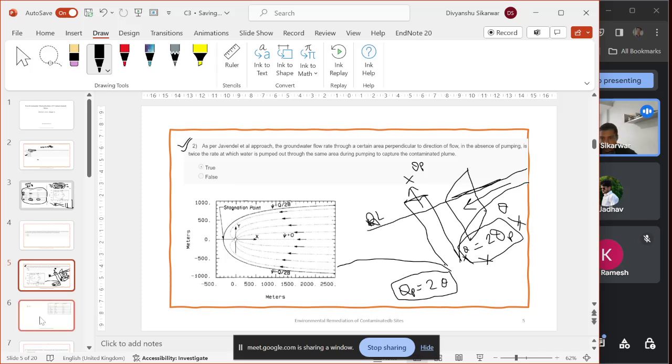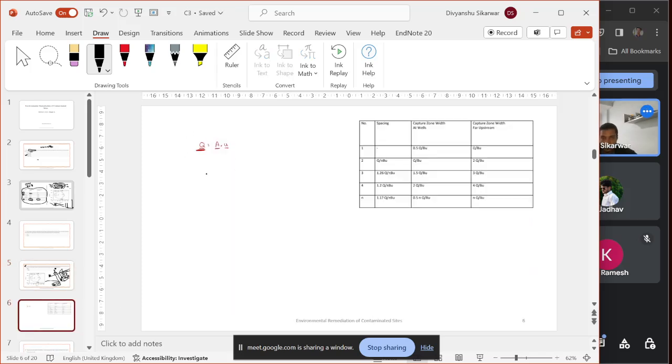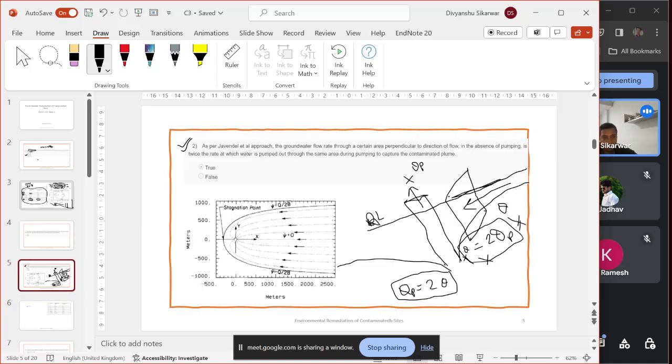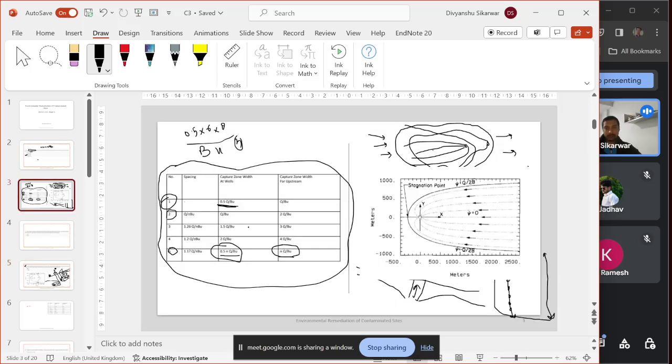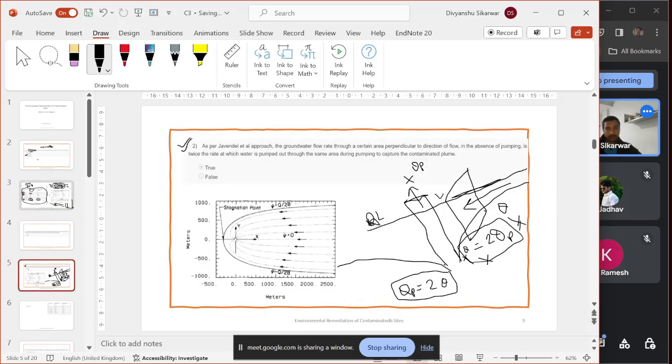We also did a derivation of this. If we assume the discharge to be A into V, and we are seeing it from above, the width which we calculate from here, this width, will be represented like this in this diagram, right?